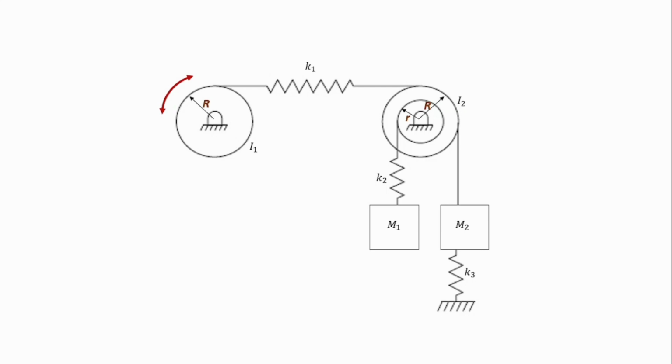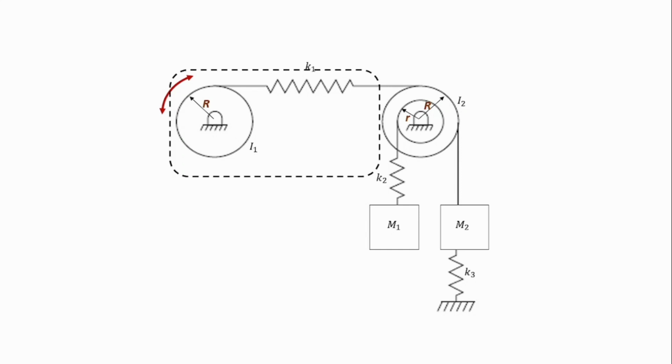If in an instance we give this pulley a clockwise rotation, the spring K1 will likely compress, and as a result of that, every other part of the system may not be affected by that rotation that is given to pulley I1.